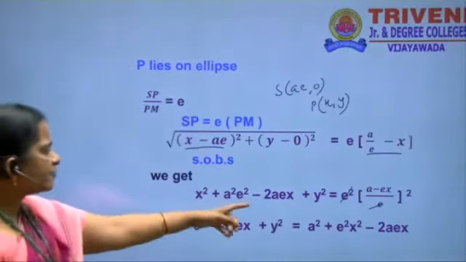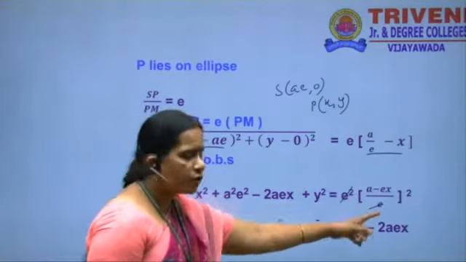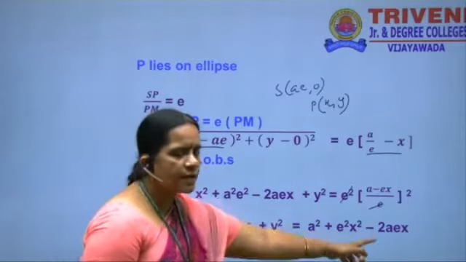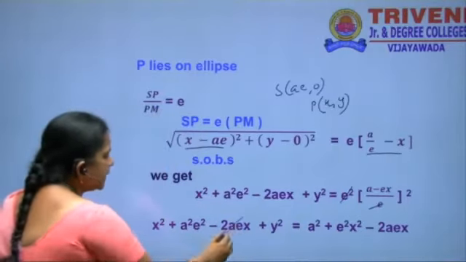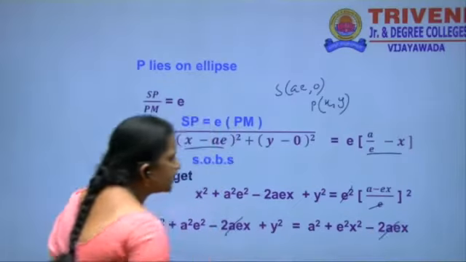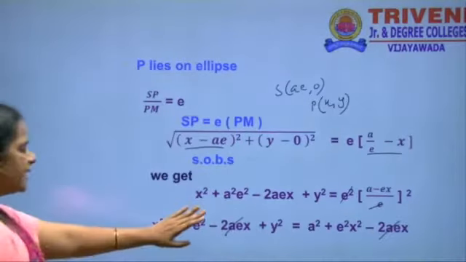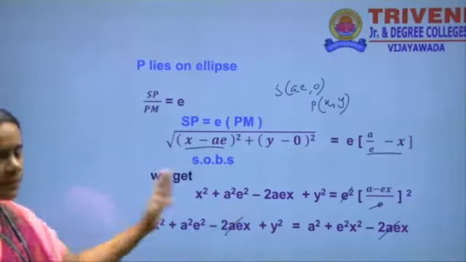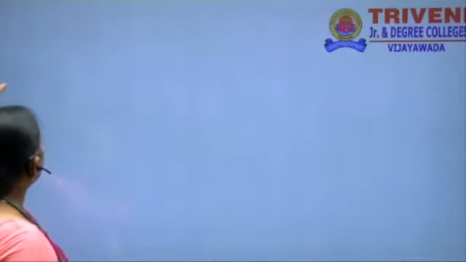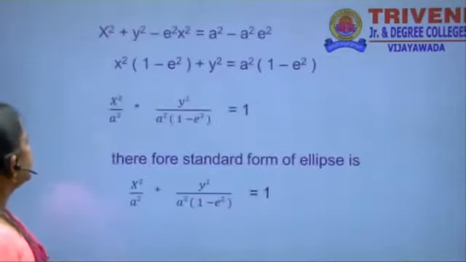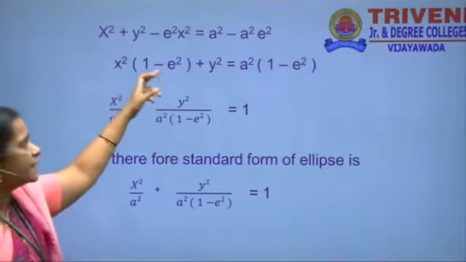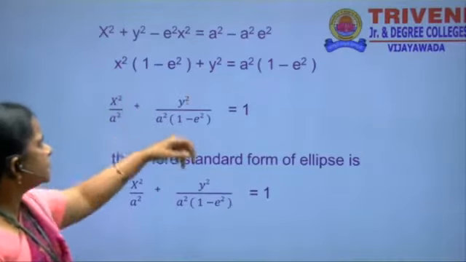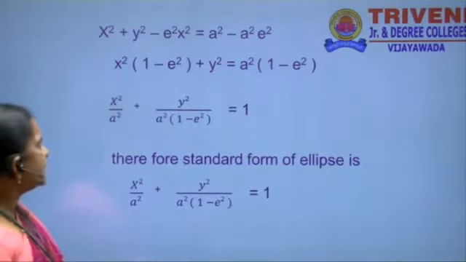Then expand (a minus Ex) whole square: a square plus b square minus 2aEx, and minus 2aEx gets cancelled. Then the RHS terms come to the left-hand side: x square plus y square minus E square x square is equal to a square minus a square E square.